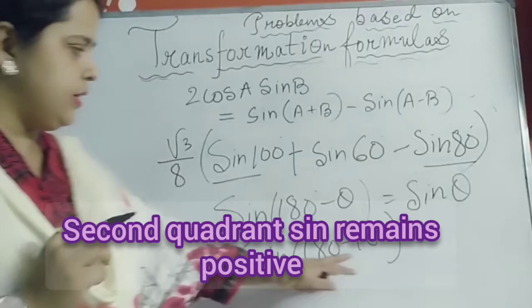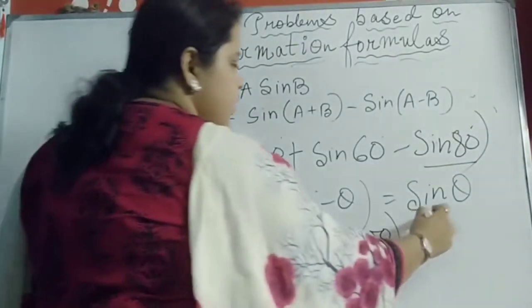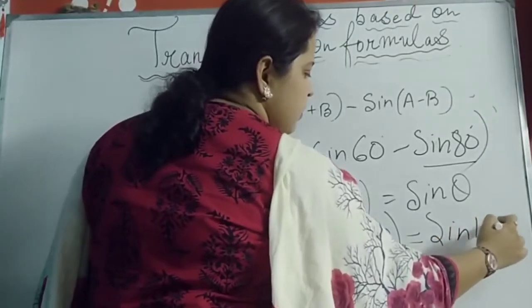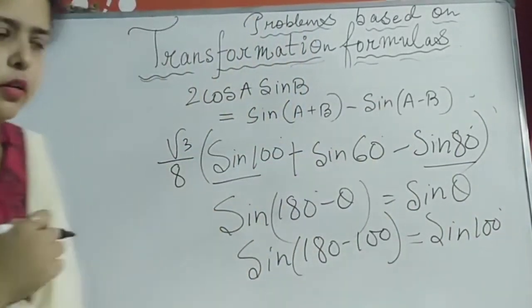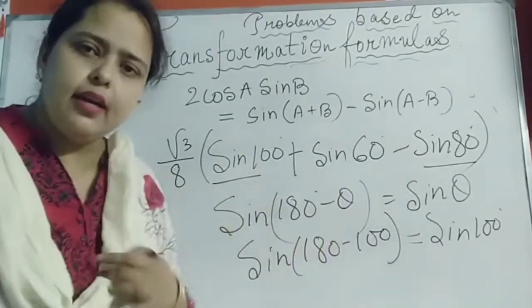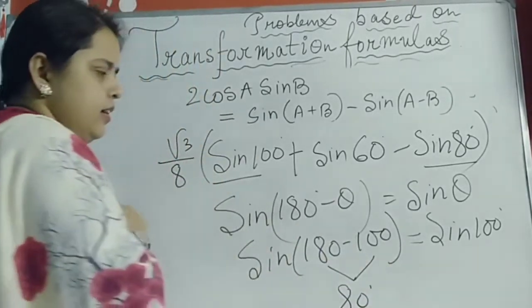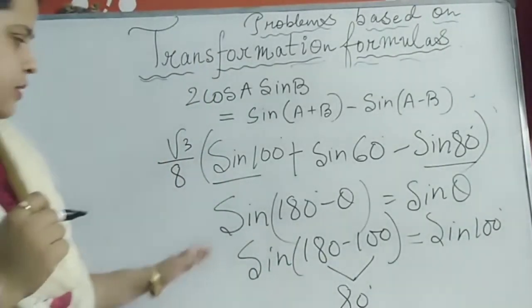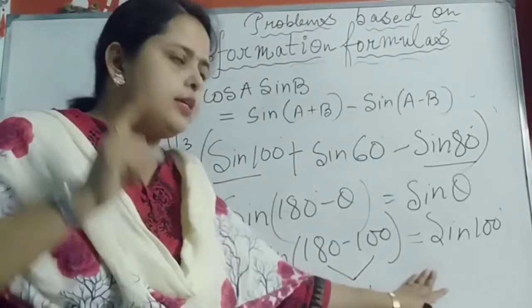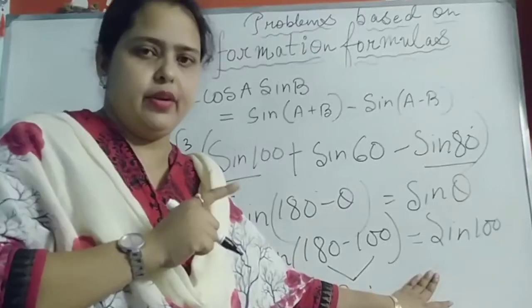If theta here is 100, sine 180 minus 100 is again sine of 100. But what is 180 minus 100? Yes, this is 80. Is it okay that sine 80 is sine 100? Sine 80 is sine 100.